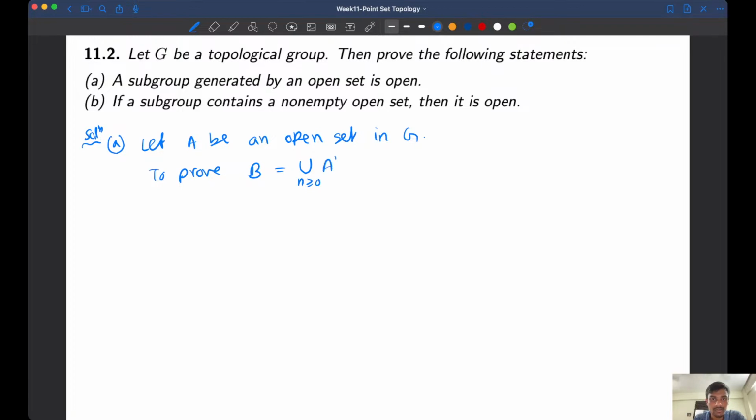A power n is the set of products of n elements, each of them belonging to A, so all such elements lie in A power n. You consider the union of all those, then that will form a subgroup of this group G, and that is called the group generated by this set A.